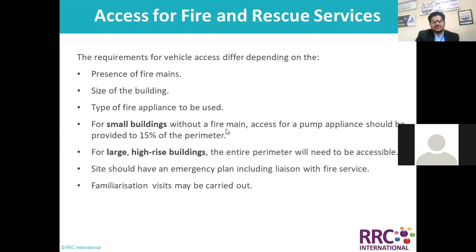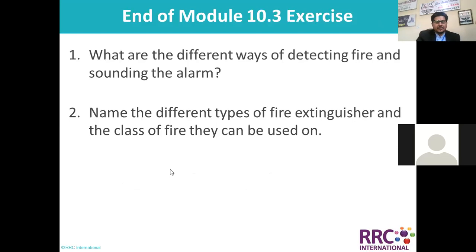For small buildings without a fire main access for a pump, appliances should be provided to 15% of the perimeter. Now, for large high-rise buildings, the entire perimeter will need to be accessible. The site should have an emergency plan, including liaison with the fire service, and a familiarization visit may be carried out for better understanding.